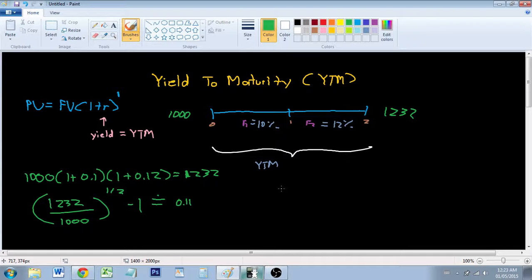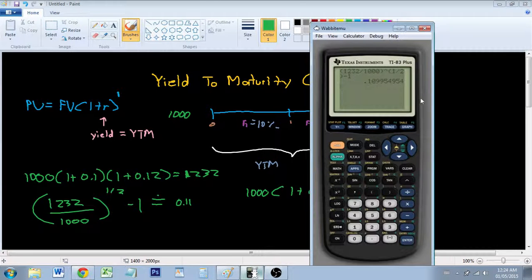Approximately that. So now just to verify what that means, and that means if we stick in this amount of money, $1,000, and we times that by 1 plus our interest rate, we should equal the amount of money that we get out of it.